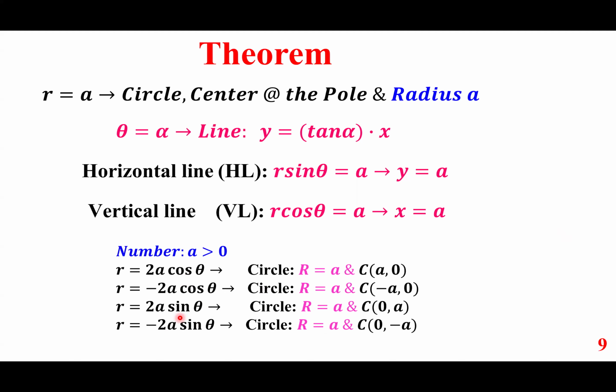If it's involving sine, it's along the y-axis or theta equals pi over 2, 90 degrees. Okay, 2a gives you 0a, minus 2a gives you 0 minus a, and so on.